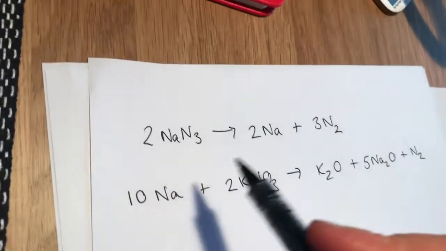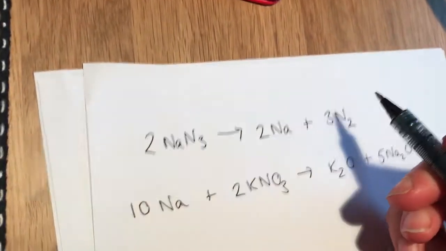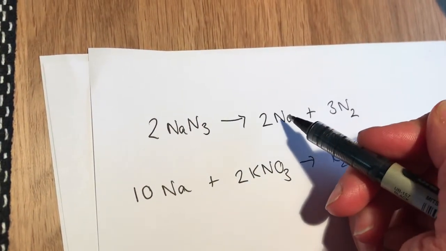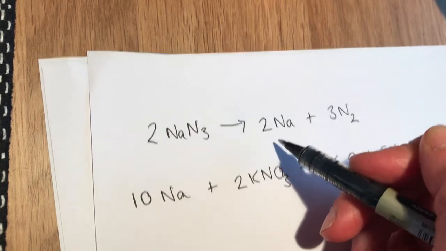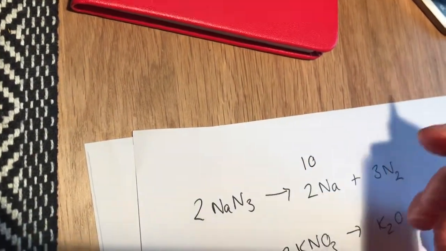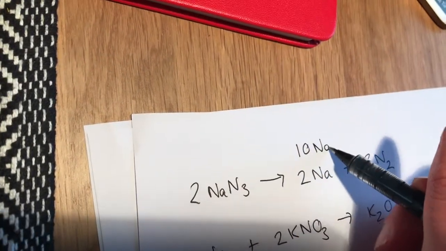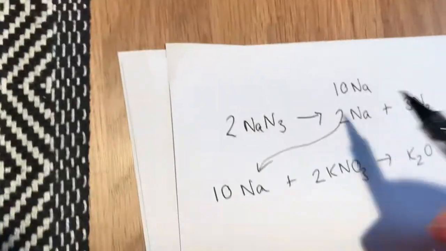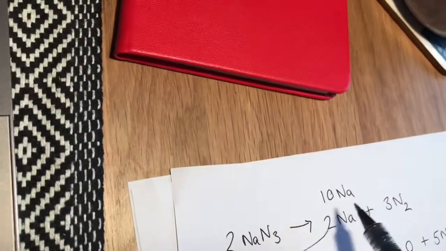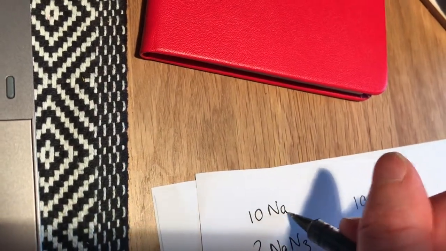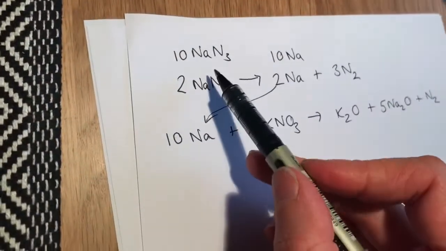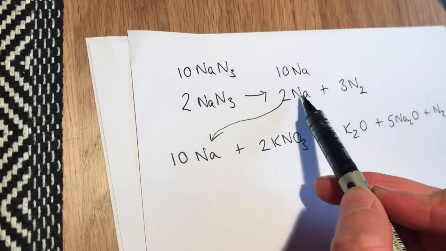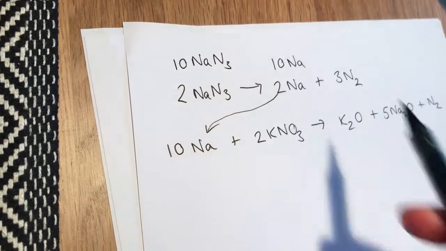So I'm just going to scale this up. If I put 10 up here, because I know that those 10 are needed here, in order to get 10 moles of sodium, I would need 10 moles of sodium azide. Because it's a 2-to-2 ratio there, it's going to be a 10-to-10 ratio.